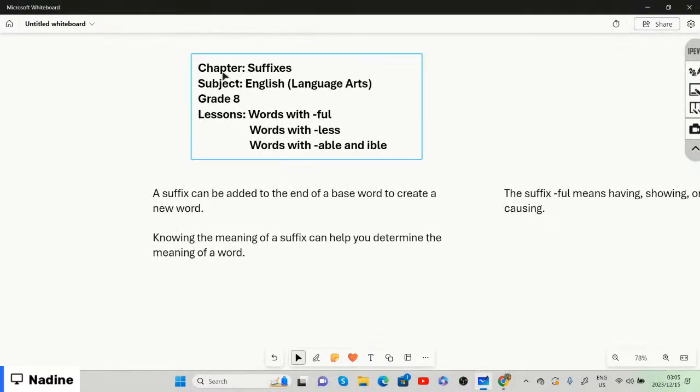So our chapter is suffixes. The subject is English language arts, grade 8. The lessons that we will be doing today under the chapter of suffixes are words with full, words with less, and words with able.